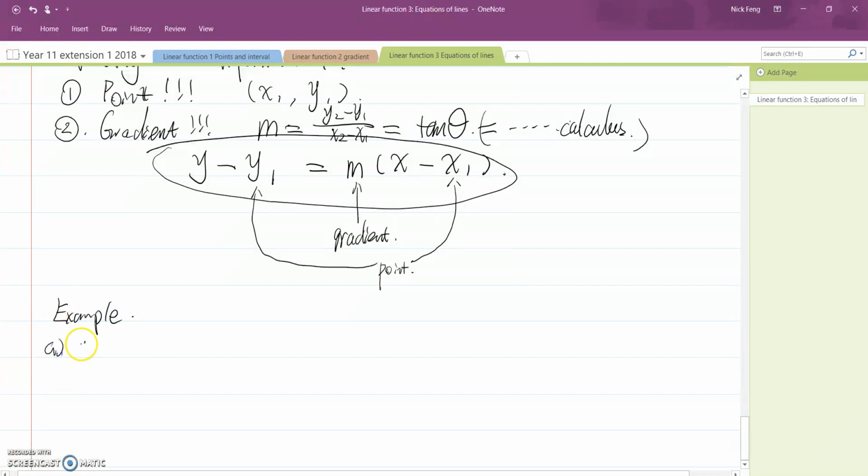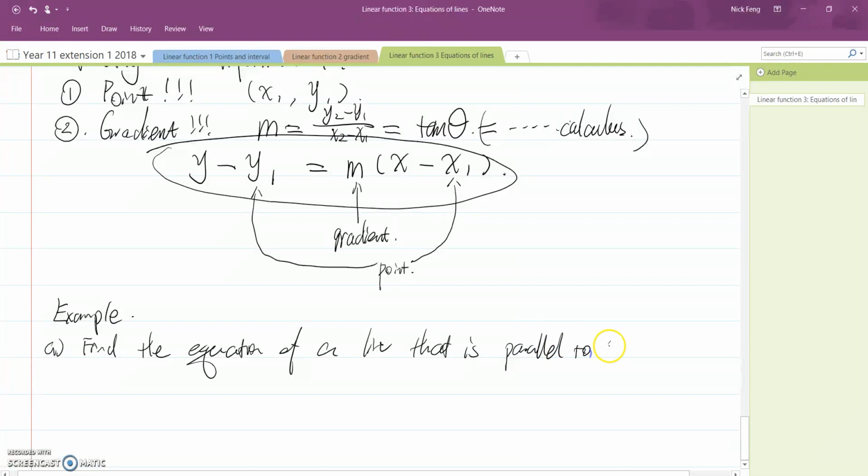So first one, find the equation of a line that is parallel to y equals 3x minus 5 and passes through, let's say, 2, 4, not 2, negative 4.